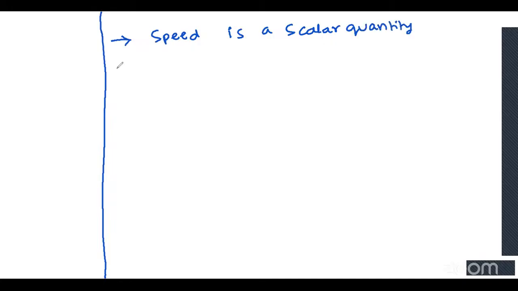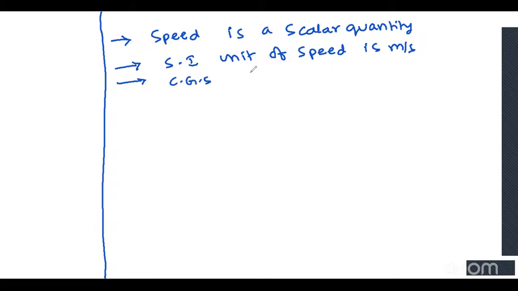The SI unit of speed is meter per second, and the CGS unit of speed is centimeter per second.